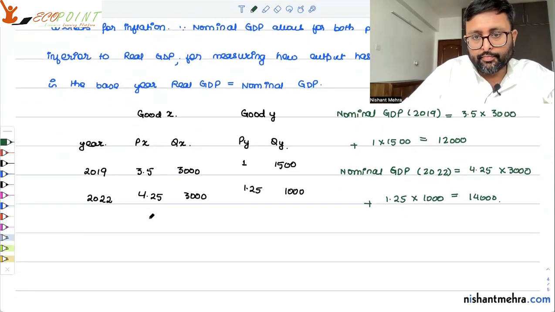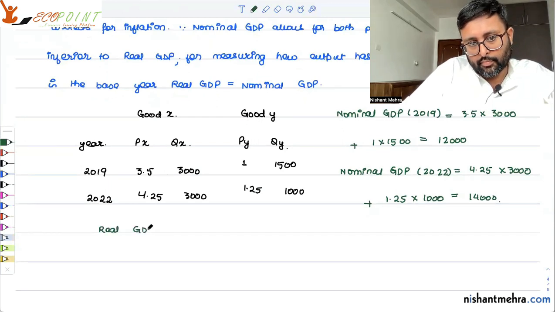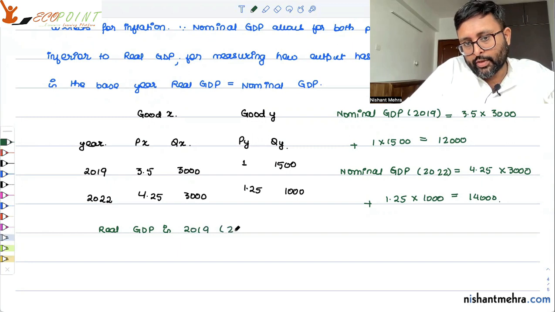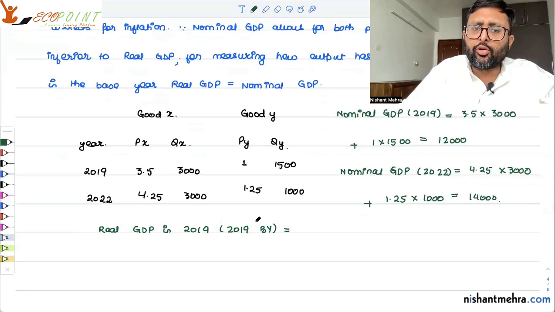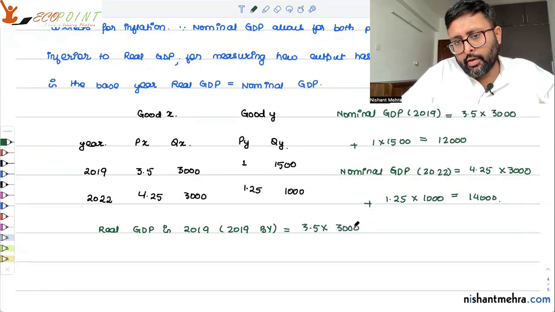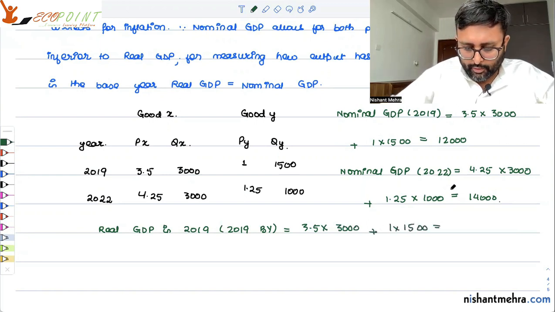Real GDP in 2019, with 2019 as the base year, is the same as the nominal GDP, because if this is the base year and you're trying to find the real GDP, it is the same, right? 3.5 into 3000 plus 1 into 1500 comes out to be 12,000.